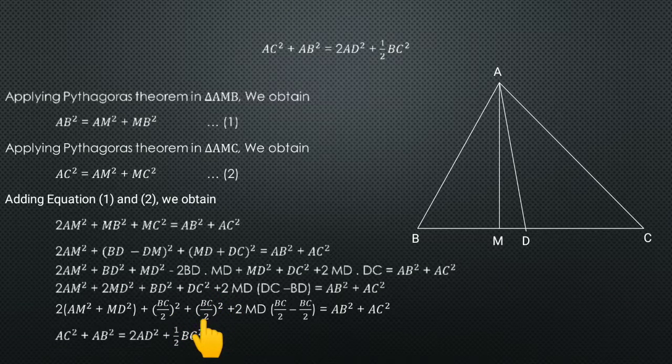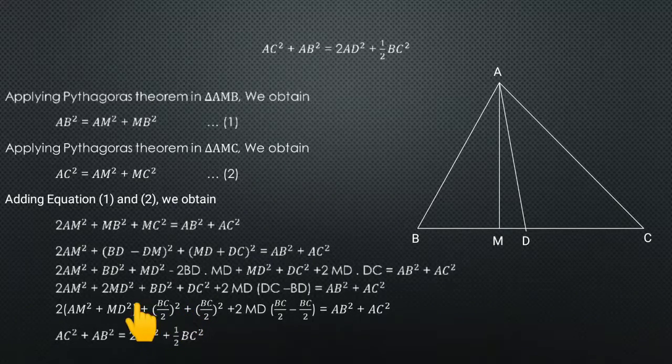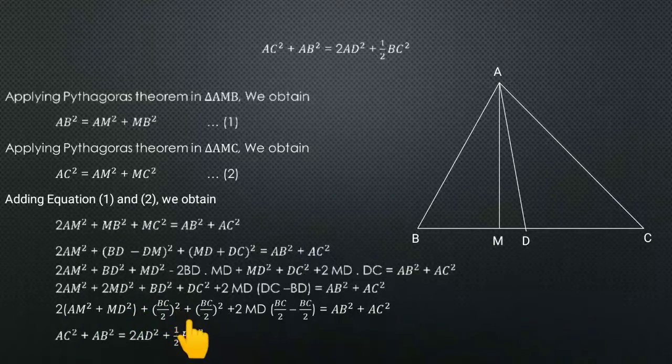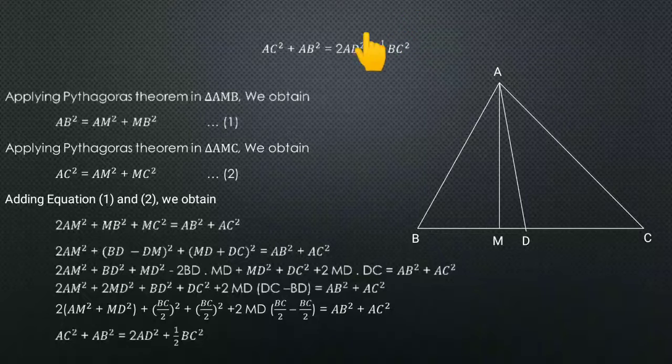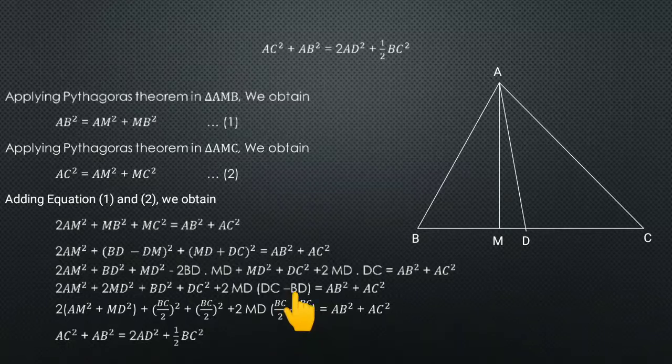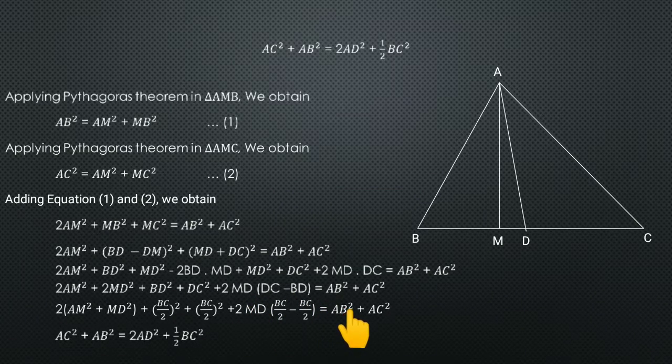That means 2 times BC square upon 4, and simplifying this we get half of BC square. Plus 2 into MD, BC by 2 minus BC by 2 both are cancelled. This part is 0, and anything multiplied by 0 is equal to 0. Therefore it is equal to AB square plus AC square. Now we have proved AC square plus AB square is equal to 2AD square plus half of BC square.